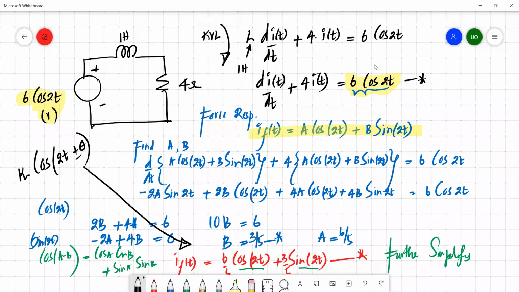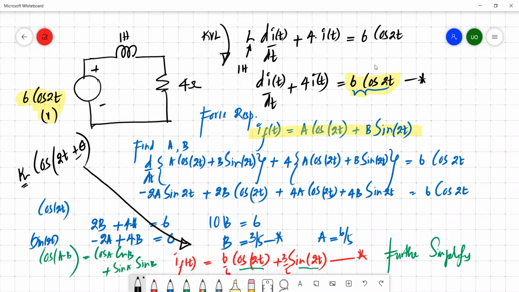K is a constant depending on the 605 and 305, and this cosine 2t plus or minus theta again depends on these values. This theta can be easily defined as a tan inverse term, and depending on the value you can get it. You can simplify it, think of it as a plus theta or minus theta, and then you will end up with a known constant in front of this cosine term.